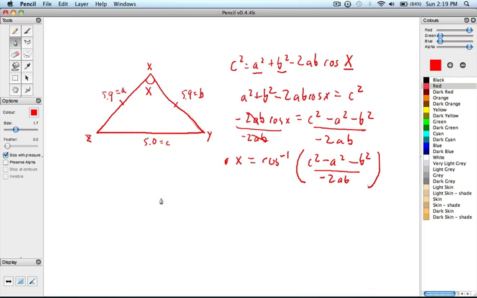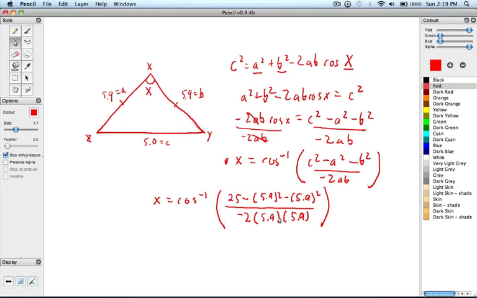So if I make all the substitutions, X is equal to inverse cos of C squared, which is 5 squared, that's going to be 25, minus A squared, which is 5.9 squared, minus B squared, which is 5.9 squared, over negative 2A, which is 5.9, B, which is also 5.9.